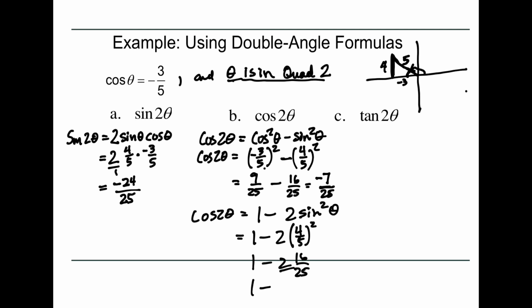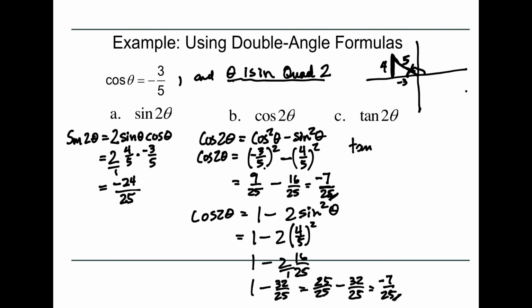And this is 2 over 1, so 16 times 2 is 32 over 25. Writing 1 as 25 over 25 with that common denominator, if we subtract 32 25ths, we see 25 minus 32 also is negative 7 over 25. So that gave us the same outcome. Same outcome we like. We could do the third one too, but we can be confident that they're not lying to us. How about we take their word for it there?